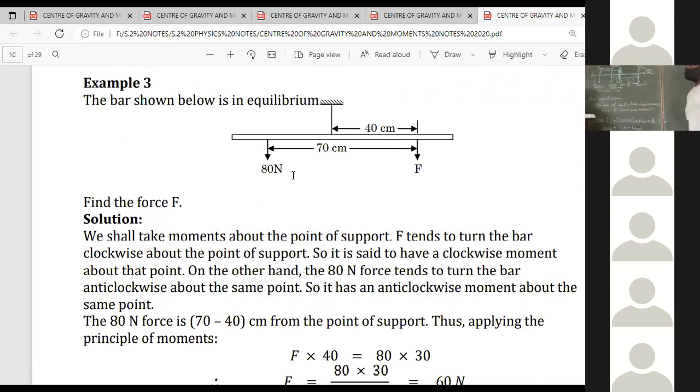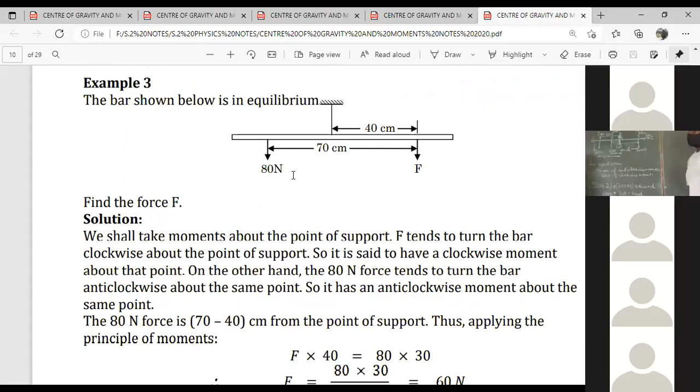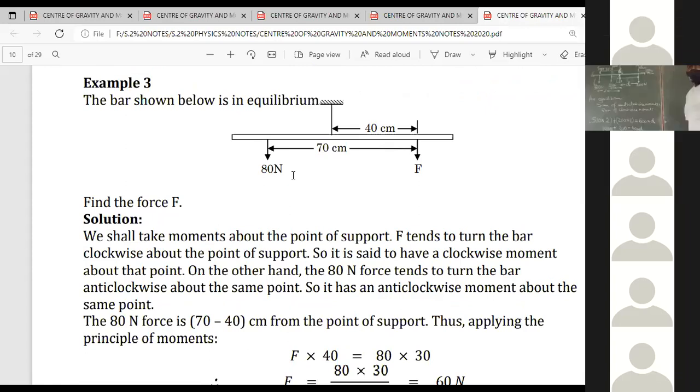Reactions supported calculations is very important. Okay, thank you, previous teachers who have taken us through example 1 and example 2.